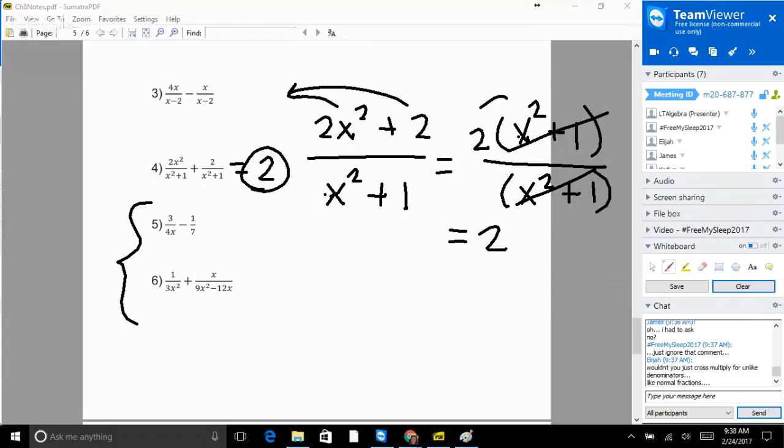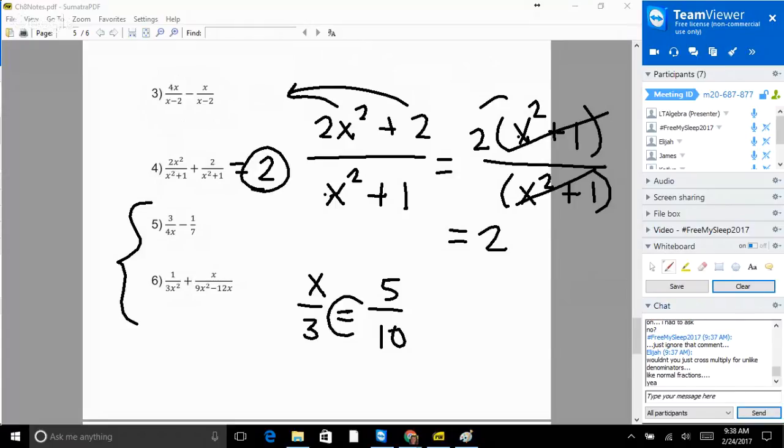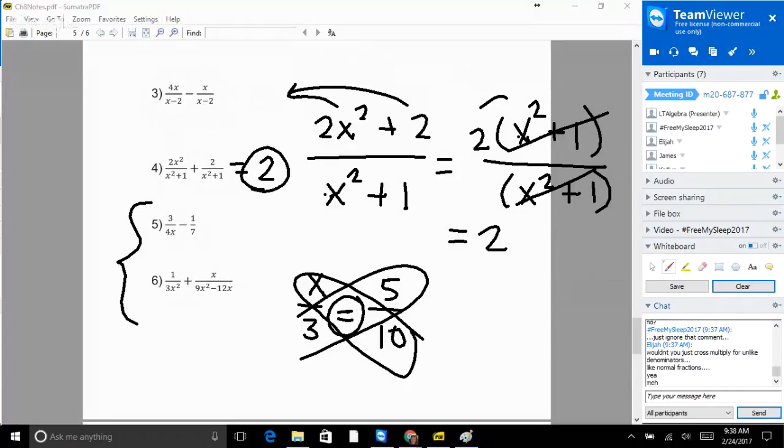Okay, Elijah, you said, wouldn't you just cross multiply for unlike denominators like normal fractions? So cross multiplying, I think, is what you're talking about, like when you have x over 3 equals 5 over 10 or something like that. So cross multiplying only works when you have the equal sign in there. So you cross across the equal sign. Yeah.